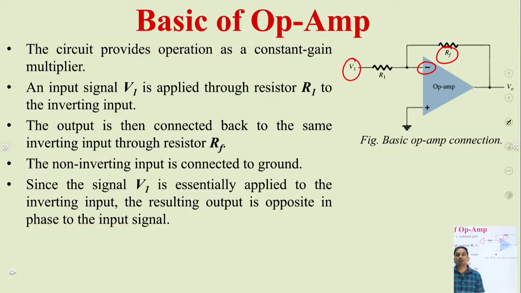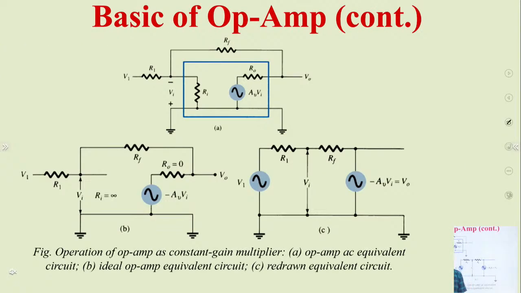So basically we are dealing with the inverting amplifier configuration, whereas the positive terminal is connected to ground. So we are utilizing only the negative input terminal. This is known as single-ended input. We are going to analyze this circuit with the help of the op-amp equivalent circuit. So first of all, let me replace this op-amp by its equivalent circuit.